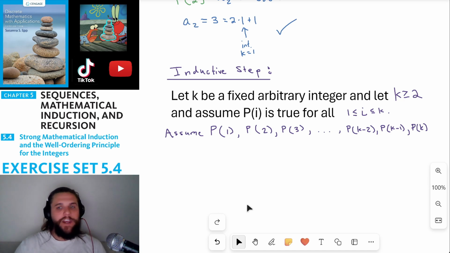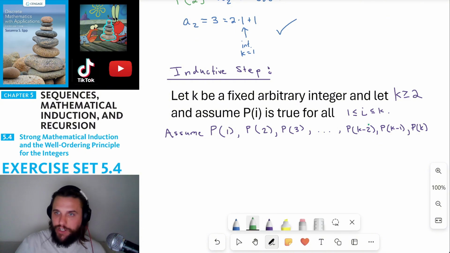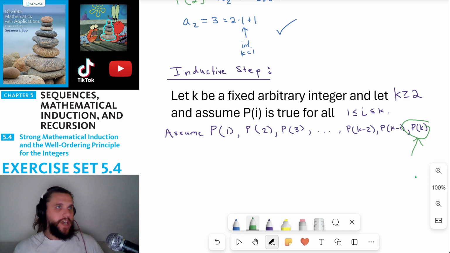We're always going to end up showing that P of k plus 1 must therefore be true. That's the long-term goal here: by assuming all of these things to be true, we're going to prove that P of k plus 1 is true. In normal mathematical induction, we only get P of k as a tool to help us prove that P of k plus 1 is true.